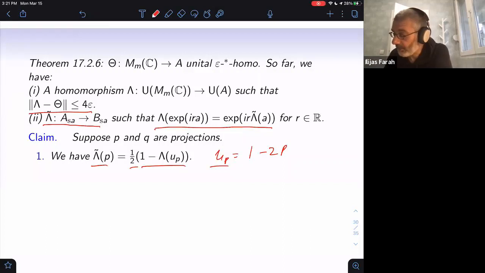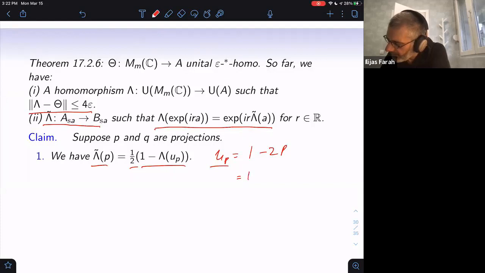So you see, this is a unitary, which is also self-adjoint. If P is a projection, this is a unitary. Now, for this, you just basically look at the definition. What is lambda tilde of P? Maybe it's a good idea to rewrite U_P. So what this is really: just a second.